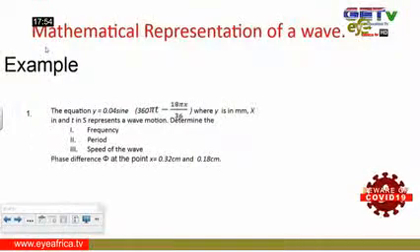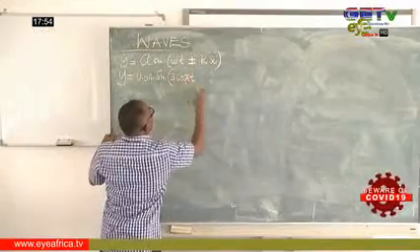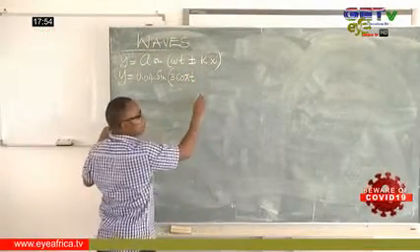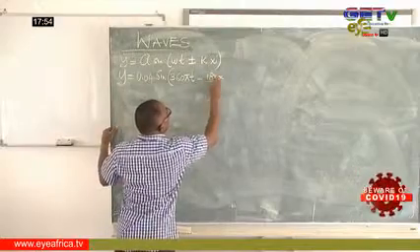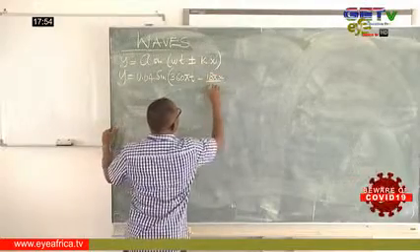It says the equation represents, so if I compare it, I'll have from that question 0.04 sine(360 pi t, plus or minus 18 pi x divided by 36).